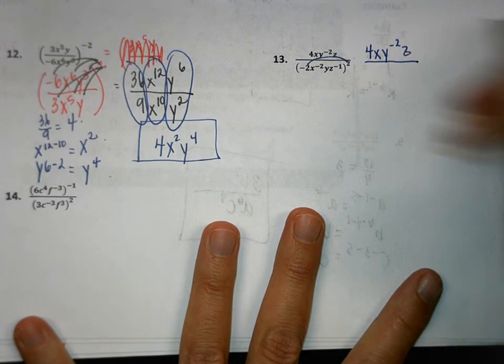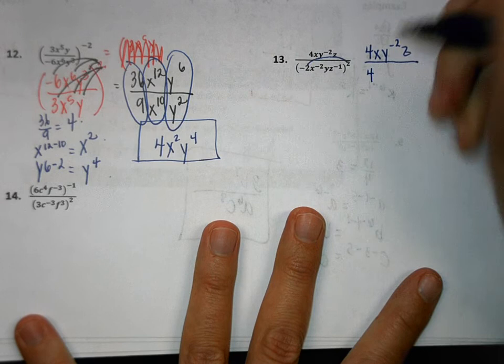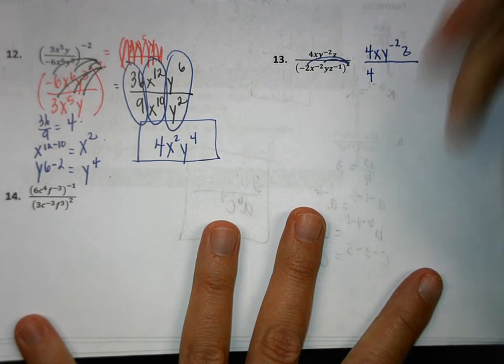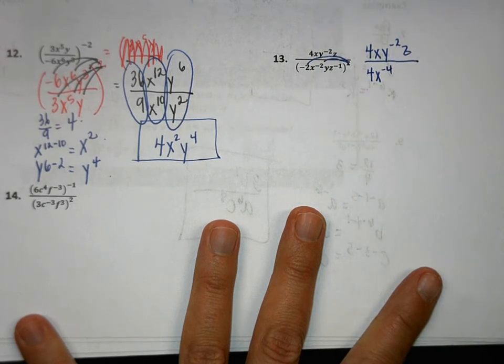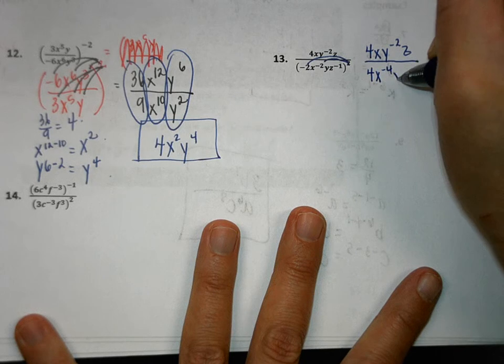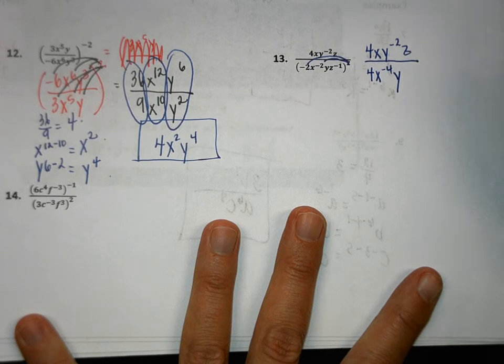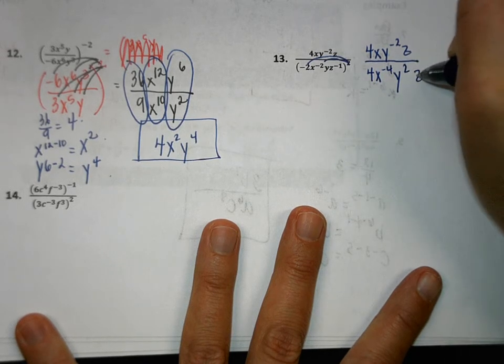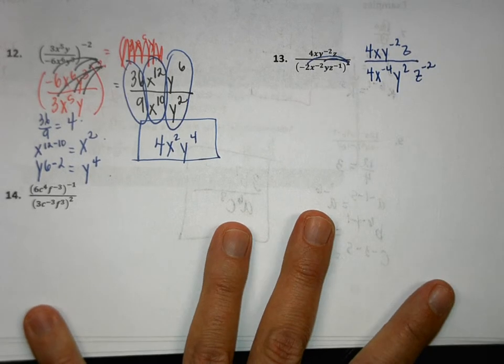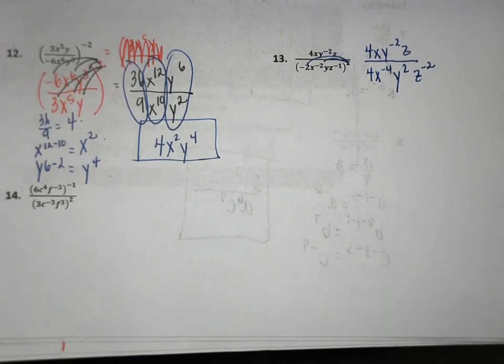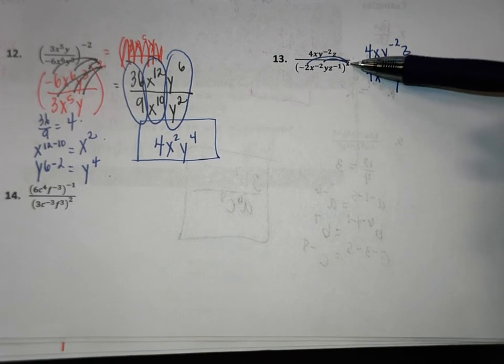A positive 4. Okay? X to the negative 2 is going to become x to the what? Negative 4, right? Because negative 2 times 2. Okay? We're going to get y to the 2nd and then z to the negative 2nd. Is everybody okay with what we've done there?